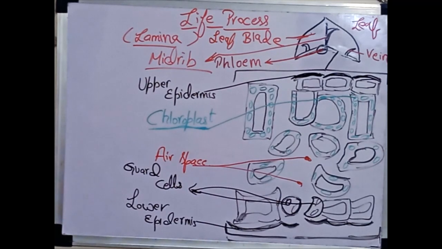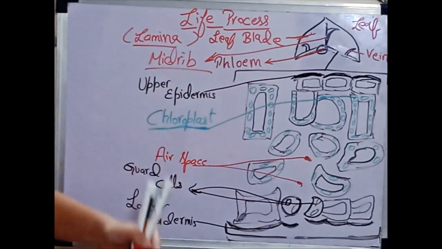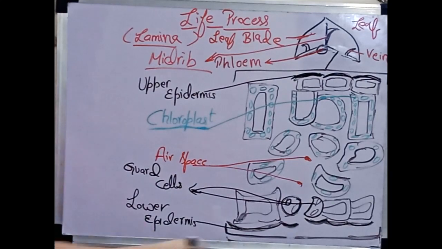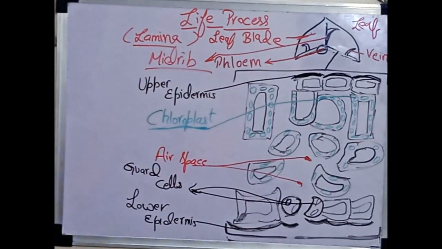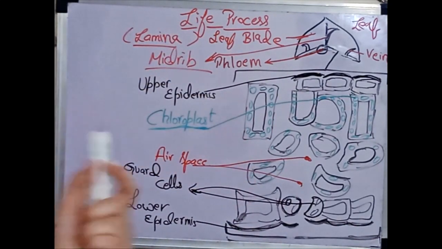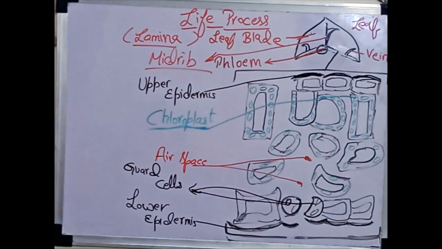Small openings. Like here, these are small openings. What is the use of a guard cell? It helps to open or close this stomata. So stomata is nothing like a cell or organelle itself, but it's just the small opening. The name of that small opening is stomata, and here are the guard cells. I think this is clear.